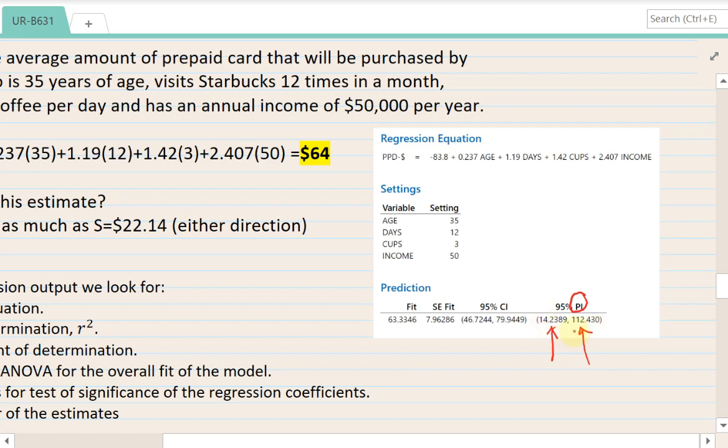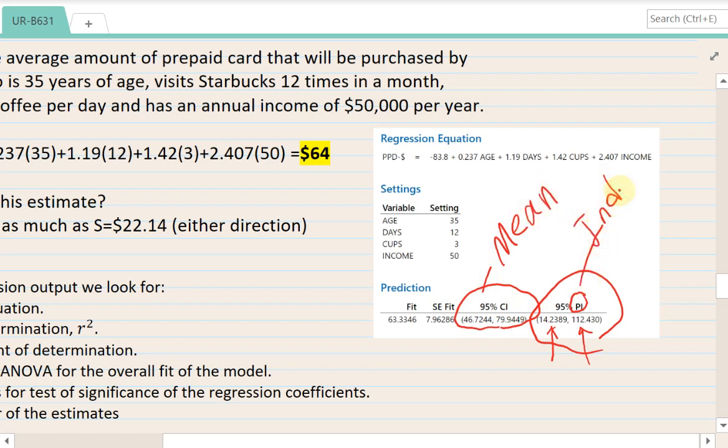Anywhere from $14 to $112. Notice a much wider range, and this one is not as wide. This one, again, looks at the average person, looks at the mean. This one looks at an individual. Okay, so that's the difference between them.